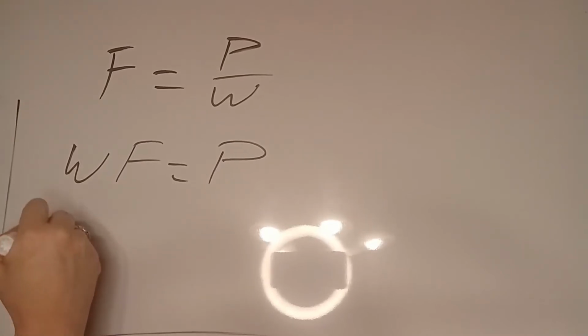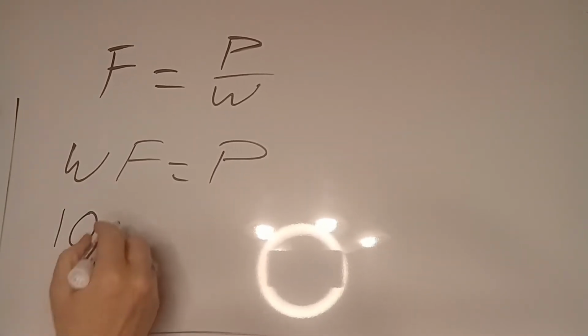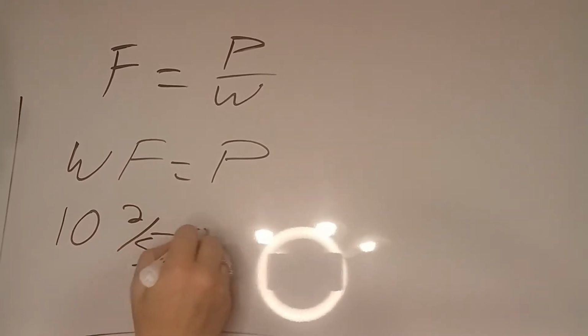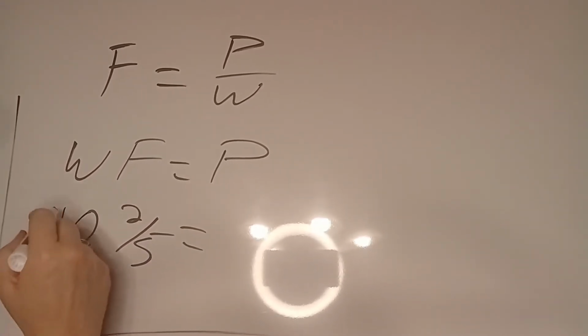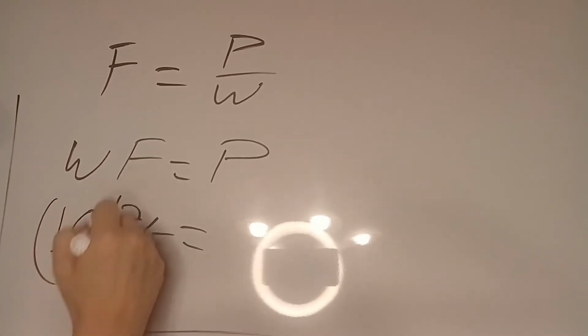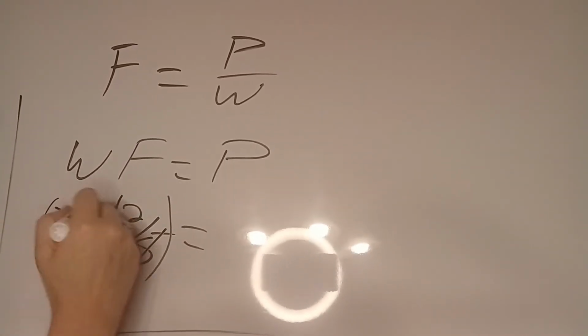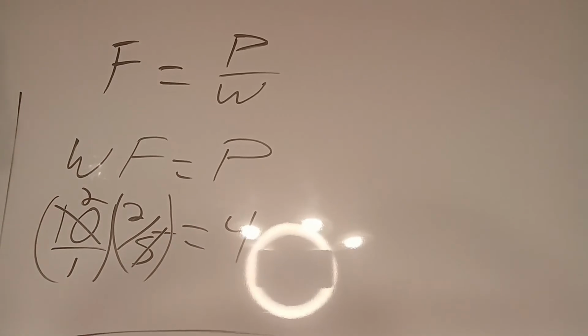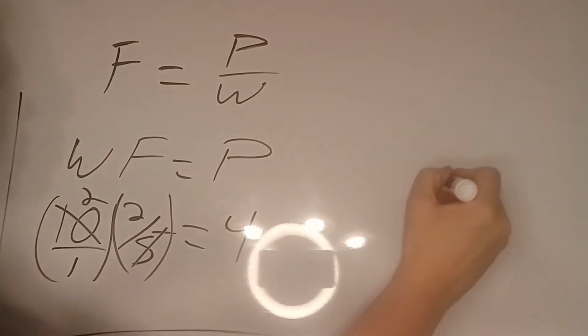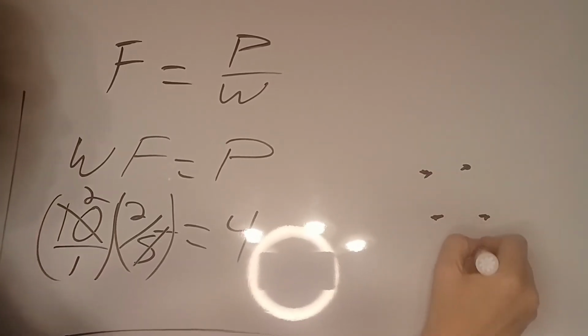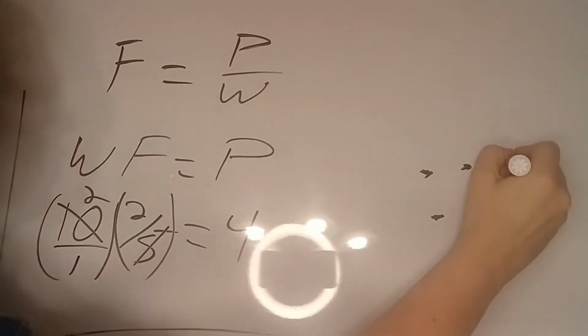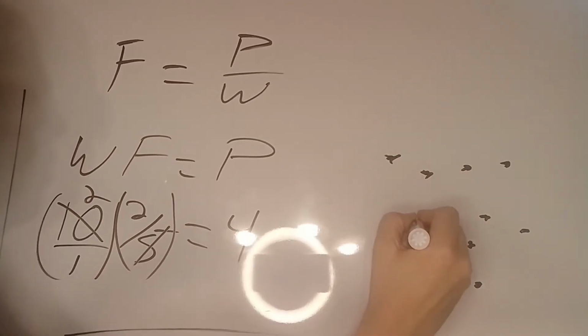Let's take a whole of 10 and a fraction of 2/5. If we multiply this out, we get 10 over 1 times 2 over 5. We get 4 pieces. What that looks like: let's take 10 dots.